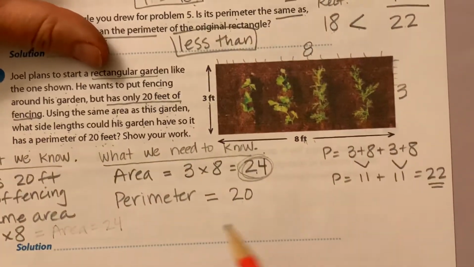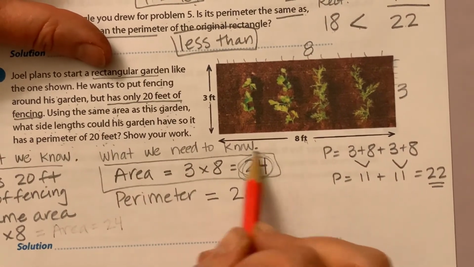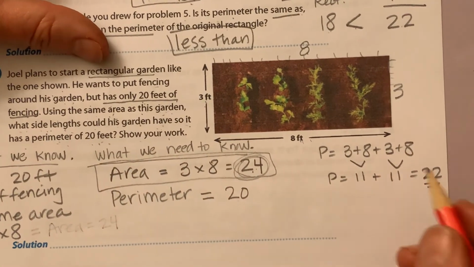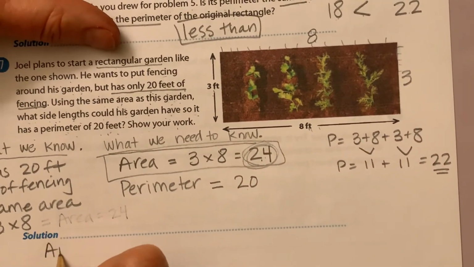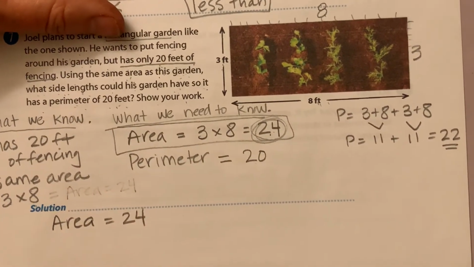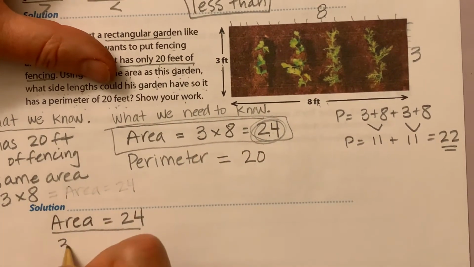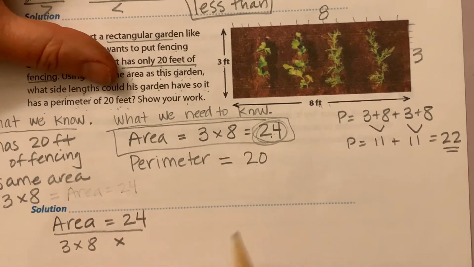So let's look at what numbers go into 24. If we know the area has to be 24, remember how they used a chart? If my area has to be 24, how else can I make 24? They did 3 times 8, but that's not going to work for us.